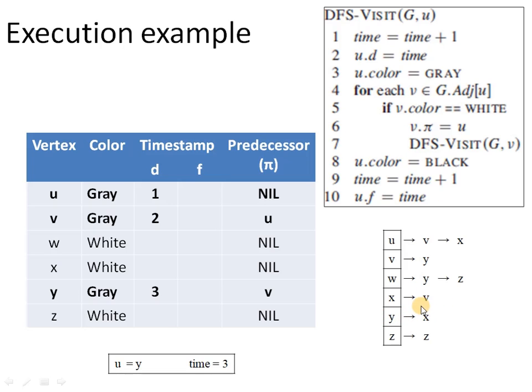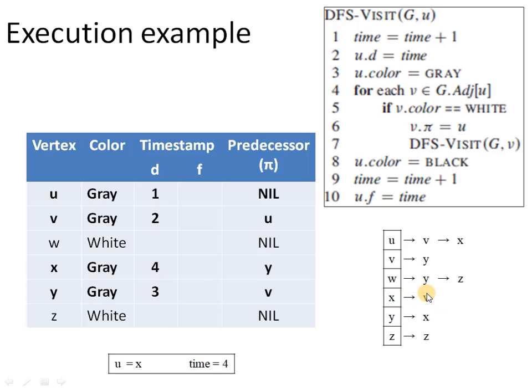So again, we will get x, it is white in color, so we have to update the pi of x to y, and then we will call the DFS procedure for this node x. So now u is updated to x, increase the timestamp to 4, and then 4 will be used to initialize the discovery time of x, and then we have to work with the adjacency list of x now.